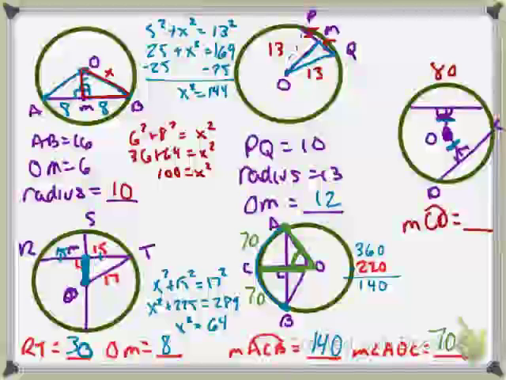So our final theorem: 2 chords that are the same distance from the center will be congruent to each other. And if I have 2 chords that are congruent, what do they make, according to our first theorem? Congruent arcs. So these 2 arcs are going to be the same size, which means arc CD is 80.